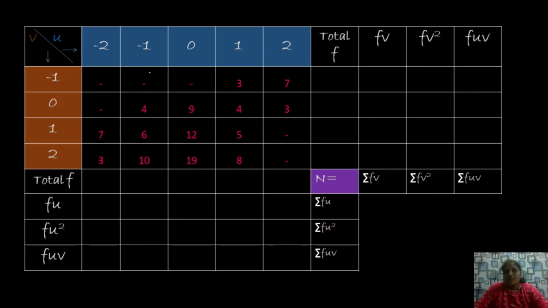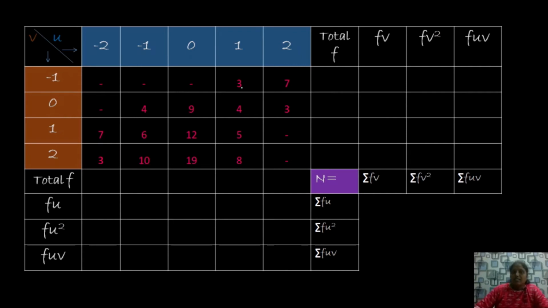So now let me start with the totals. How to calculate the total for the row and column values? You have to add this row wise and write down the total here. Calculate the total column wise and write down the total here.